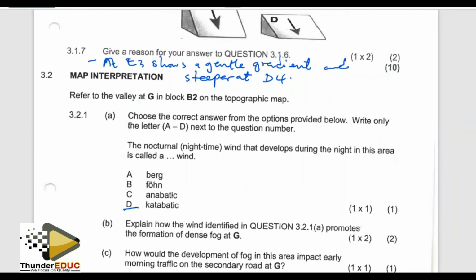So that is how the winds, that is katabatic, will result in the formation of dense fog at G.